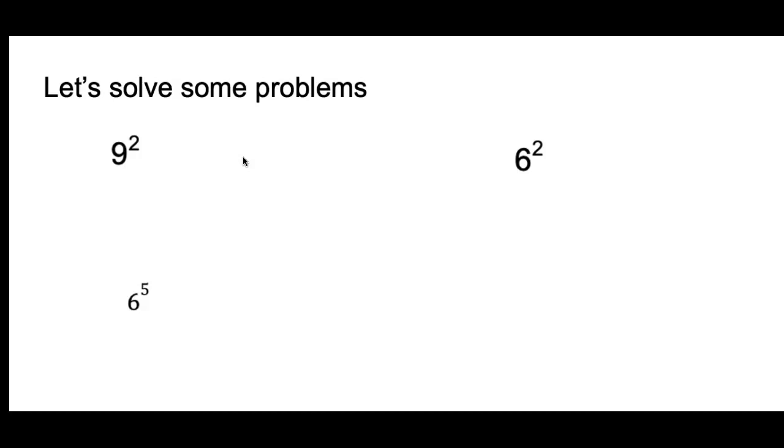And then you hit the enter button. So again, this would equal 81. This is what you're going to have to do on the practice. You would have 6x squared, enter, and this one would be 36.